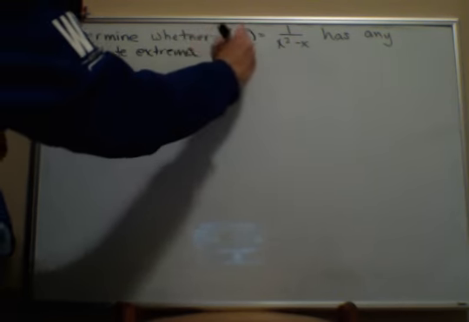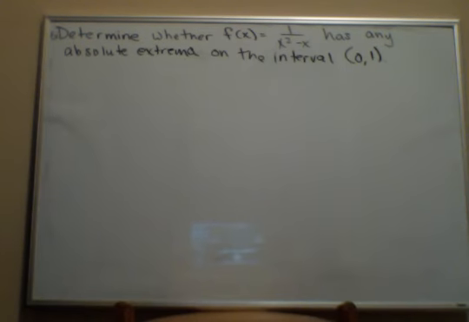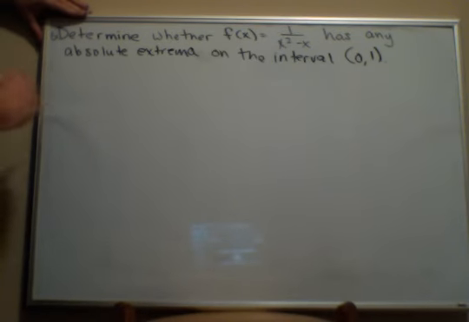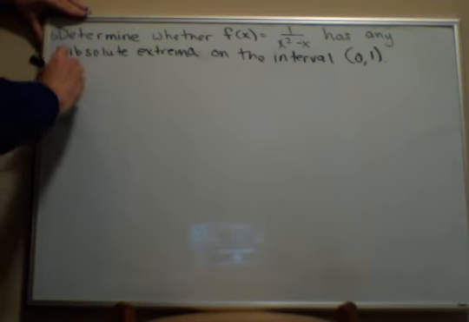Looking at infinite intervals is similar because an infinite interval is an open interval. So now we're looking at a smaller open interval from 0 to 1. The process is going to be similar. But in this case, in order for us to determine that, we've got to look at some limits. So we're going to look at the limit as x approaches positive infinity of 1 over x squared minus x.